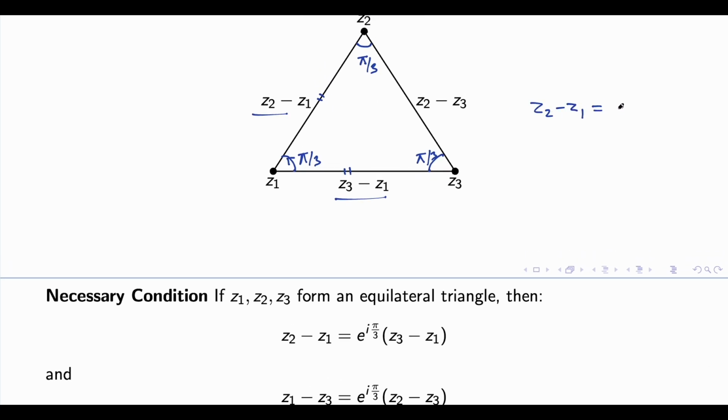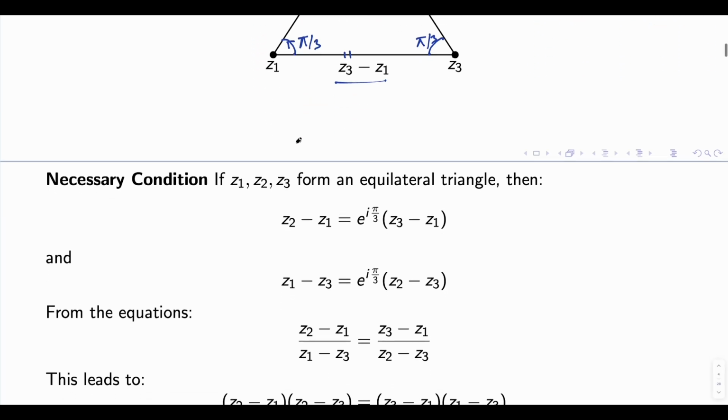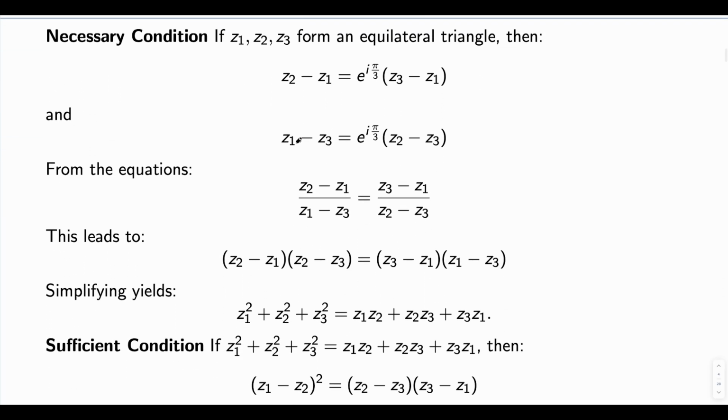Similarly, we can get z1 minus z3 is equal to e power i pi by 3 times z2 minus z3. Let's call this equation number 1 and this equation number 2.